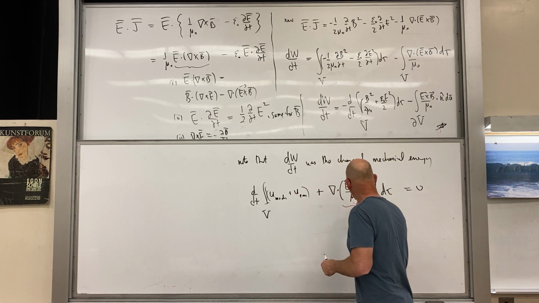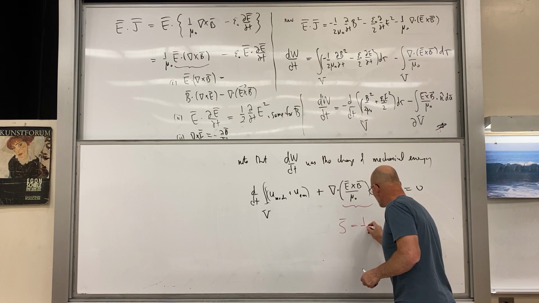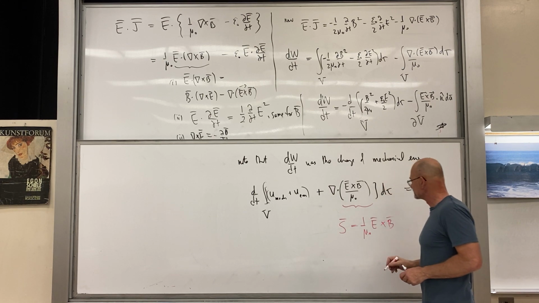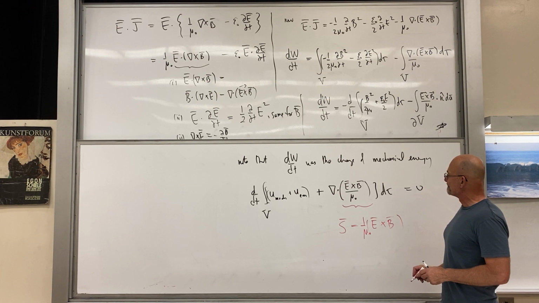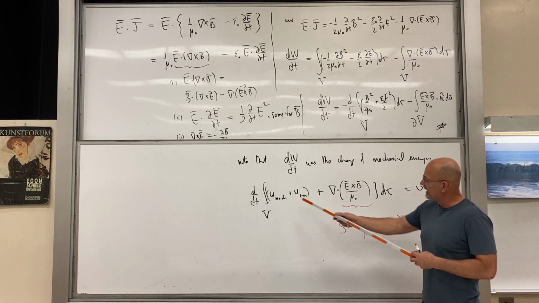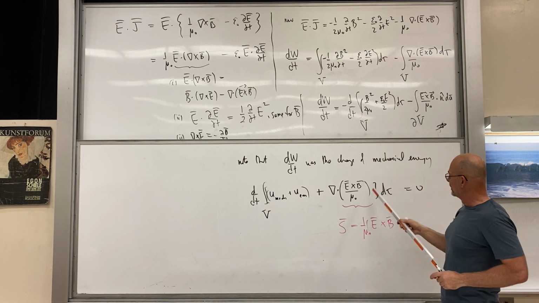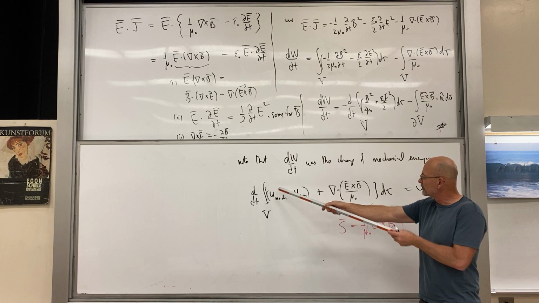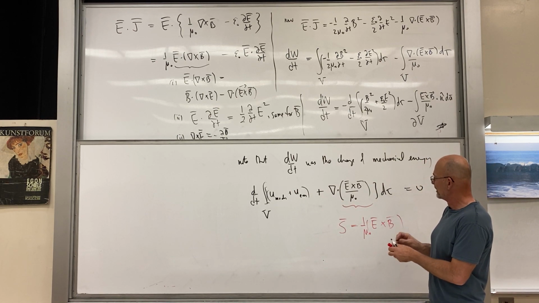So I've got vector S is equal to 1 over μ naught E cross B. And I'm going to go ahead and take these time derivatives back inside as partials, and calling this an arbitrary volume, by the standard argument, the integrand will then vanish.